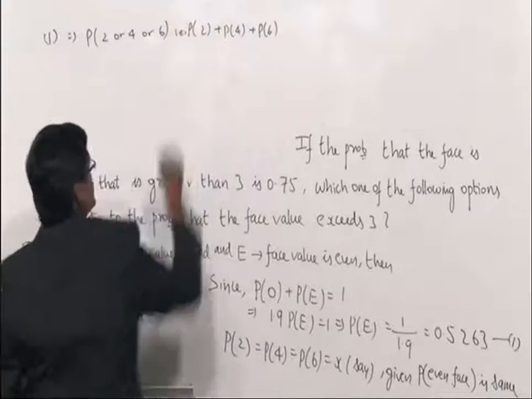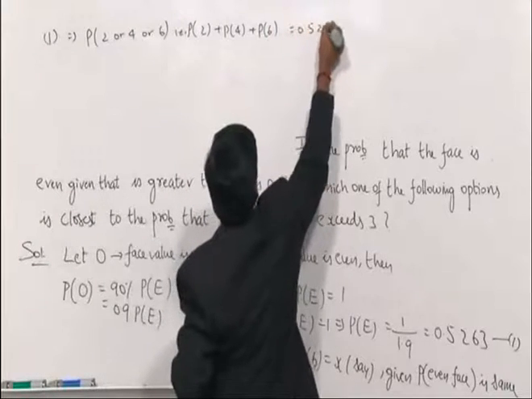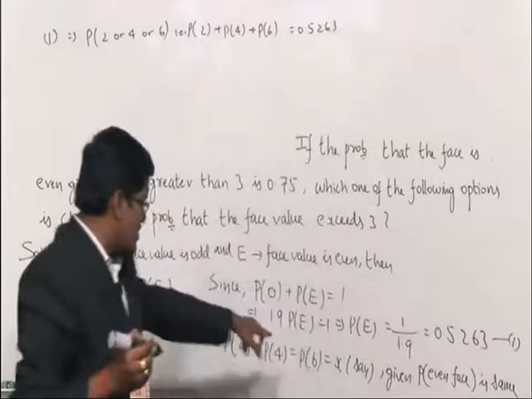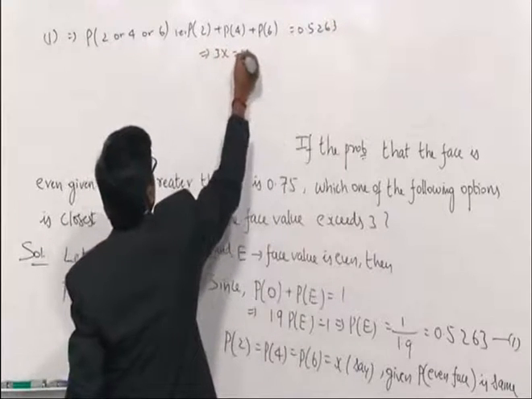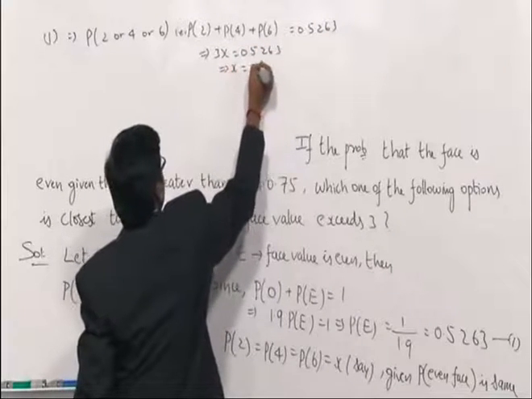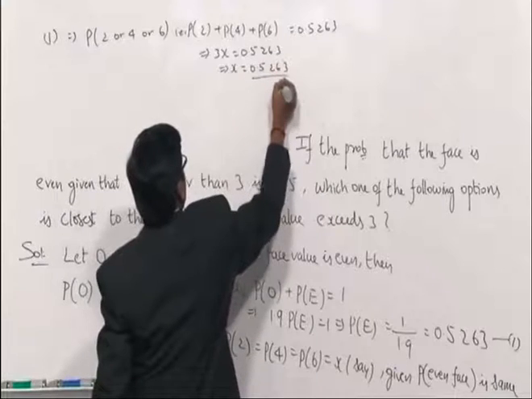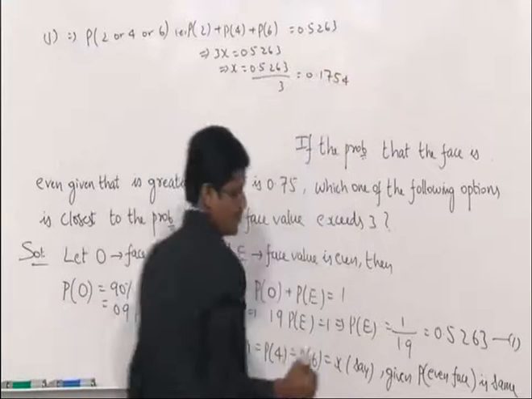That is given here as 0.5263. Now because each is given the same, even face value is the same, so this becomes 3x is equal to 0.5263, x is equal to 0.5263 by 3, 0.1754. Please check.